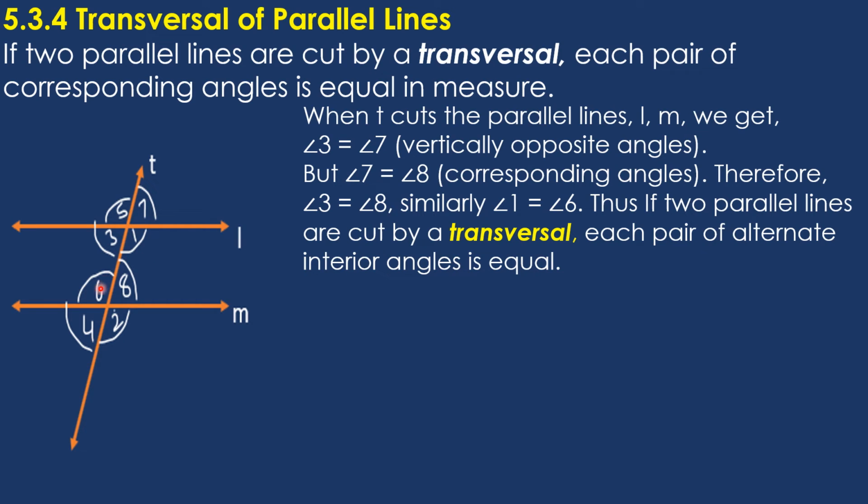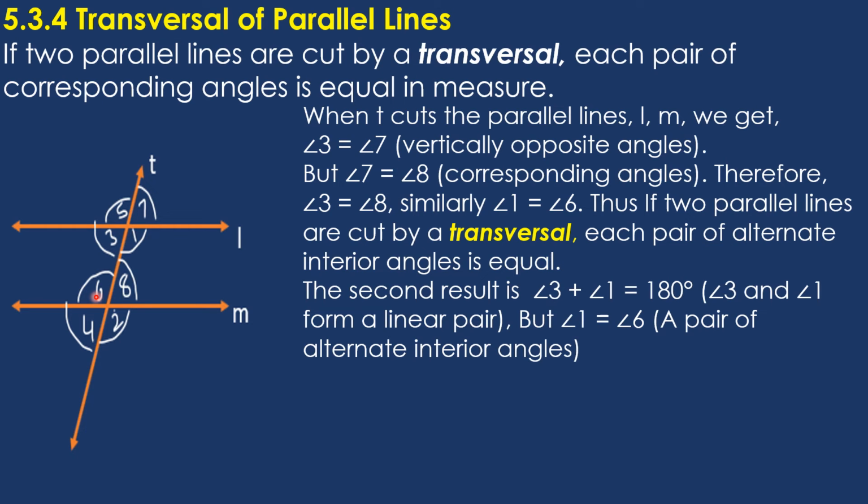Similarly, angle 1 equals angle 6. Thus, if two parallel lines are cut by a transversal, each pair of alternate interior angles is equal. The second one, angle 3 plus angle 1 equals 180 degrees because they form a linear pair, but angle 1 equals angle 6, a pair of alternate interior angles.